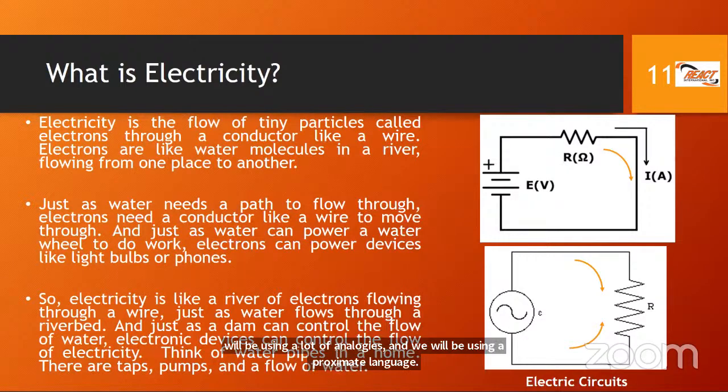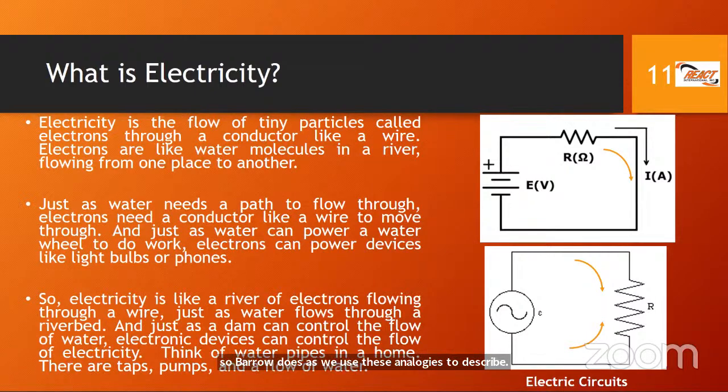So persons who are advanced will, of course, say, well, Robbie, electricity is really not the flow of particles, okay? So bear with us as we use these analogies to describe. It's a flow of something called electrons. And when we talk about the water circuit, we'll say in a water circuit, it's the flow of water. But in electricity, the thing that flows are called electrons.